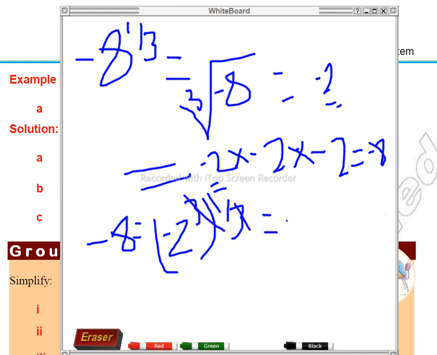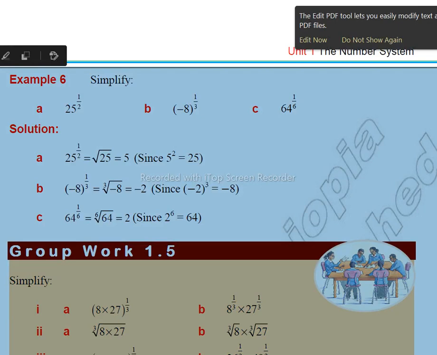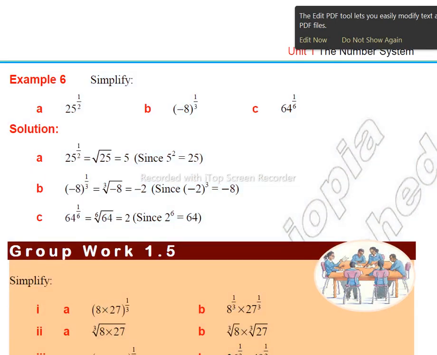We get negative 2 directly. So the answer is negative 2. We can do this for many examples.